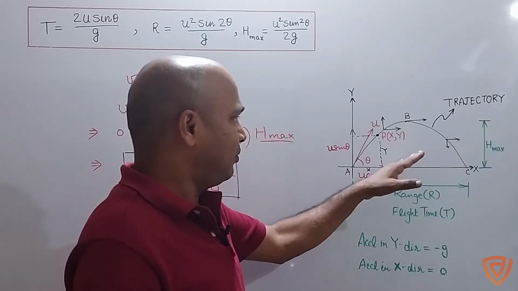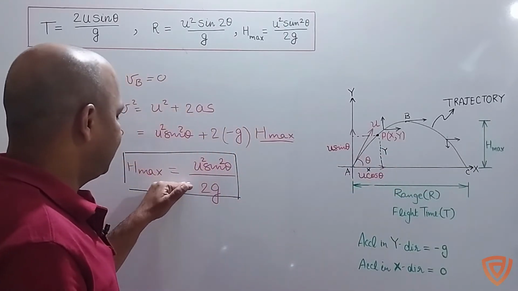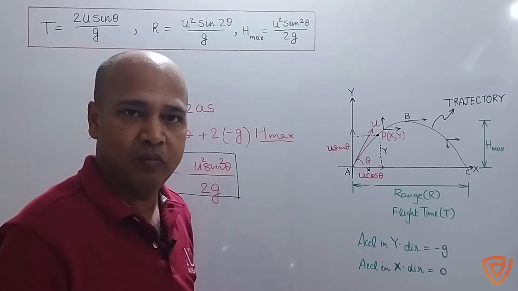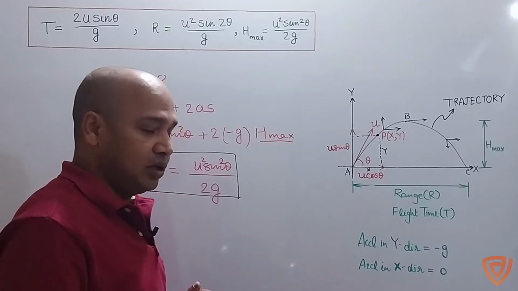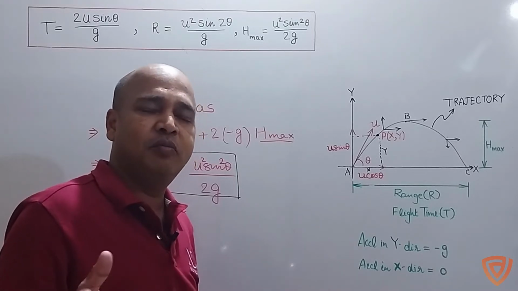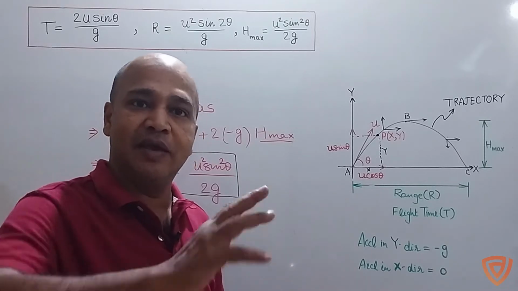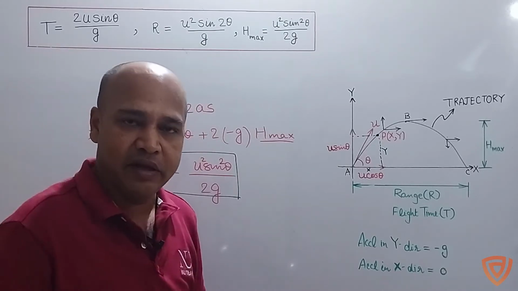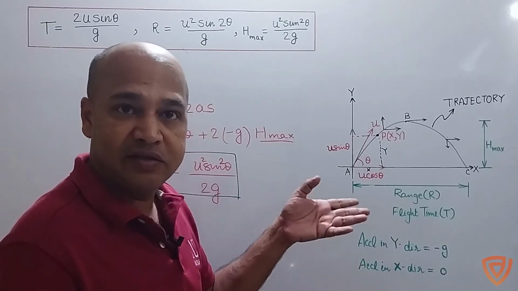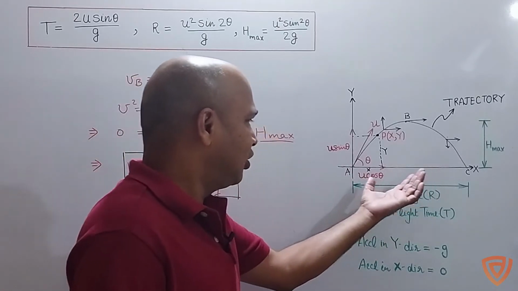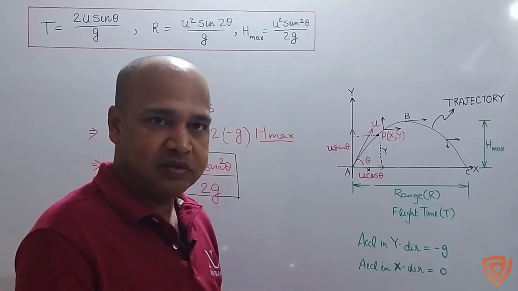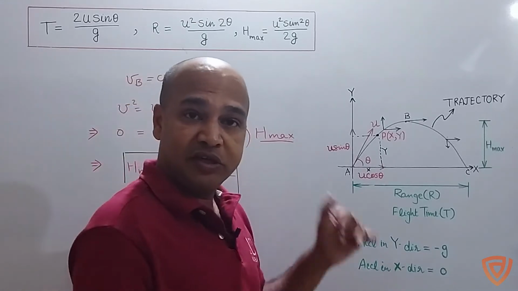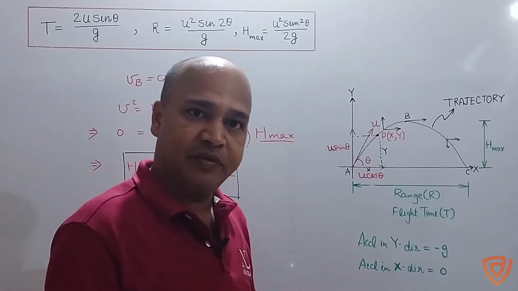So you should remember that you cannot directly use these formulas everywhere in all cases. These are not generic formulas for projectile motion. It doesn't work that way. You have to look at the case scenario. In this scenario, the object is projected from a flat surface and is coming back to the same surface.